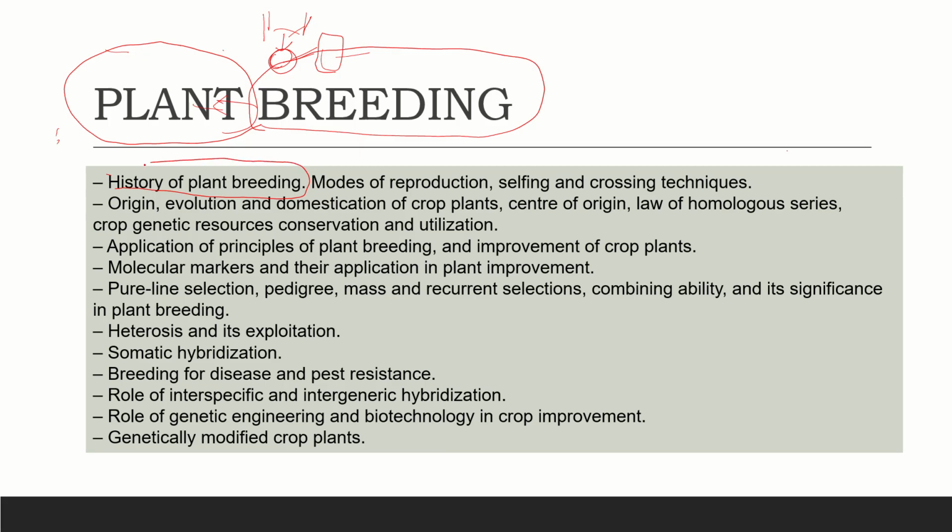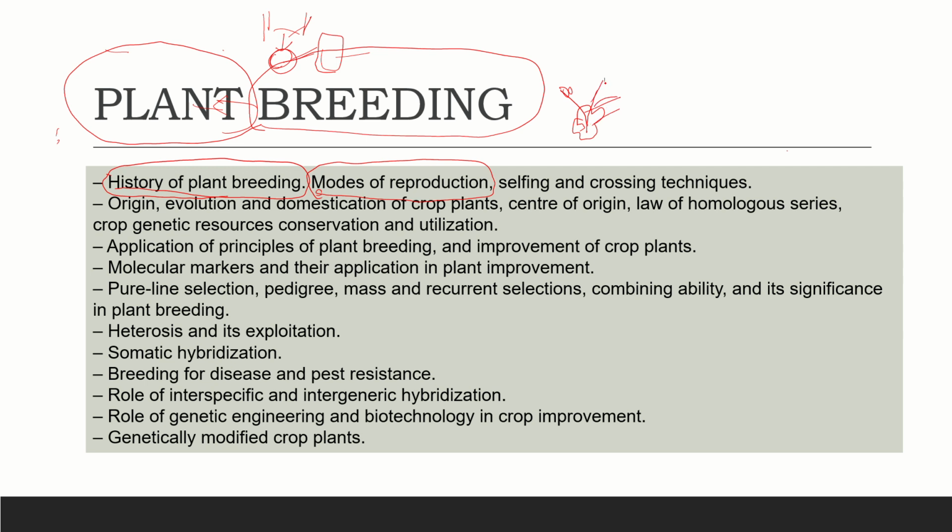History of plant breeding: how plant breeding started, who was involved in that, and what procedure they followed, and modes of reproduction. Normally if we take a flower, we can find the anthers, which are male related, and the pistil, which is female related.